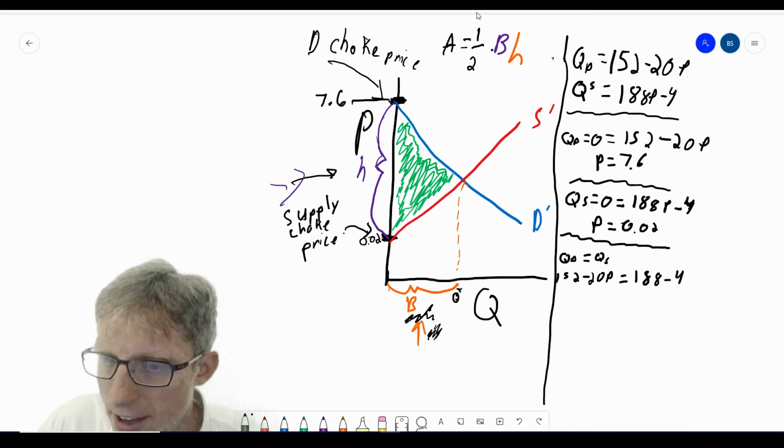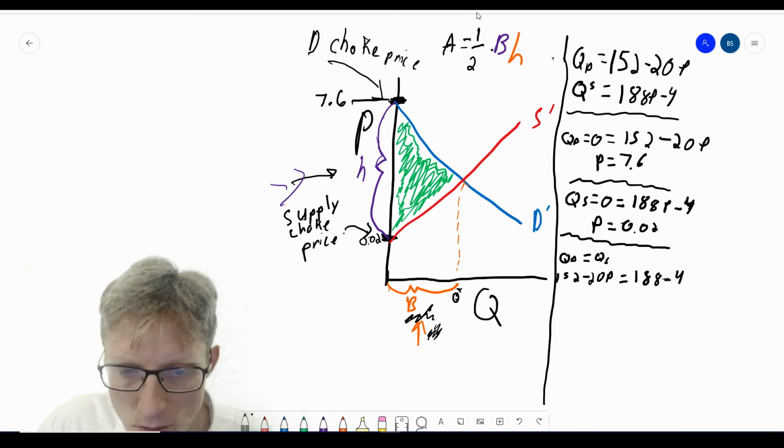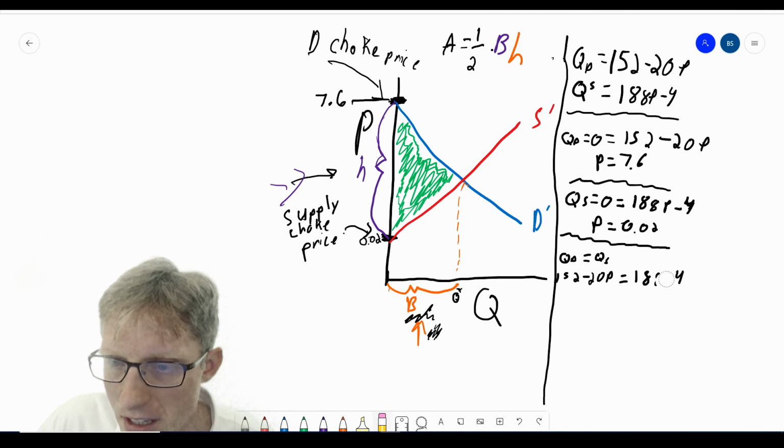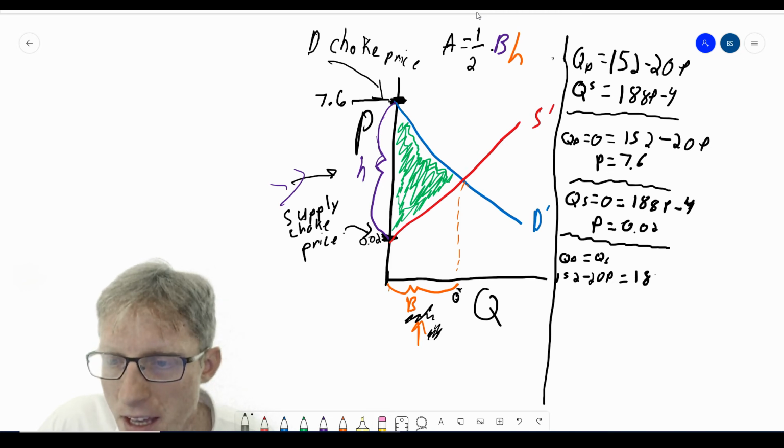If we were to subtract 152 from both sides, oh wait, let me erase. There's one mistake here. This was on the supply is equal to 188p minus 4.